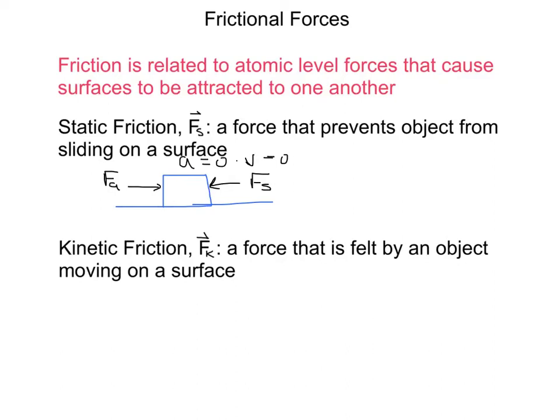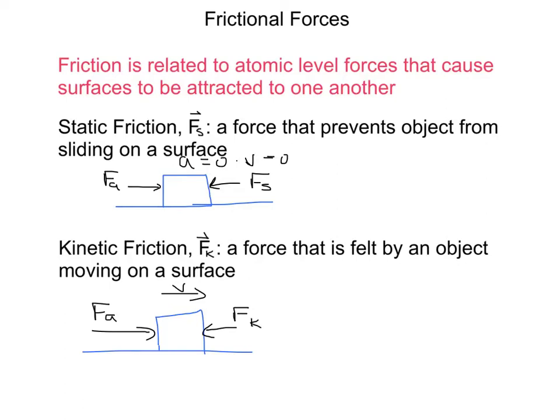Whereas kinetic friction is a force that is felt by an object that is moving. So if I have my surface and an object, and say I'm applying a force, and this object is moving, well then that means there's got to be some kind of frictional force that's counteracting that.